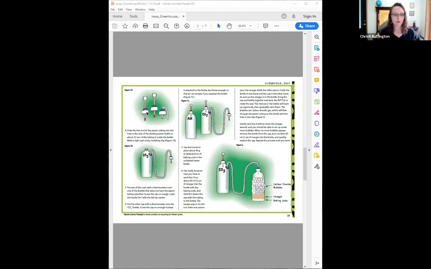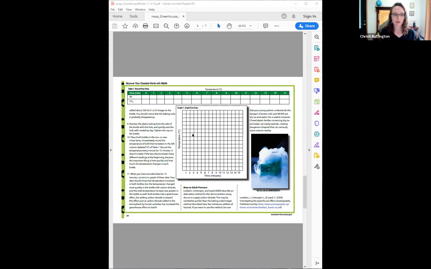You've got 2 thermometers with modeling clay holding them in place attached to the bottle top. You have to provide the plastic bottles and you have to provide the vinegar and baking soda that will fizz up and create carbon dioxide, which will then fill one of the bottles, and you can watch what happens with the temperature compared to the control, which is just the regular air that you start with. But the one thing that's so important about this is the math and science connection.